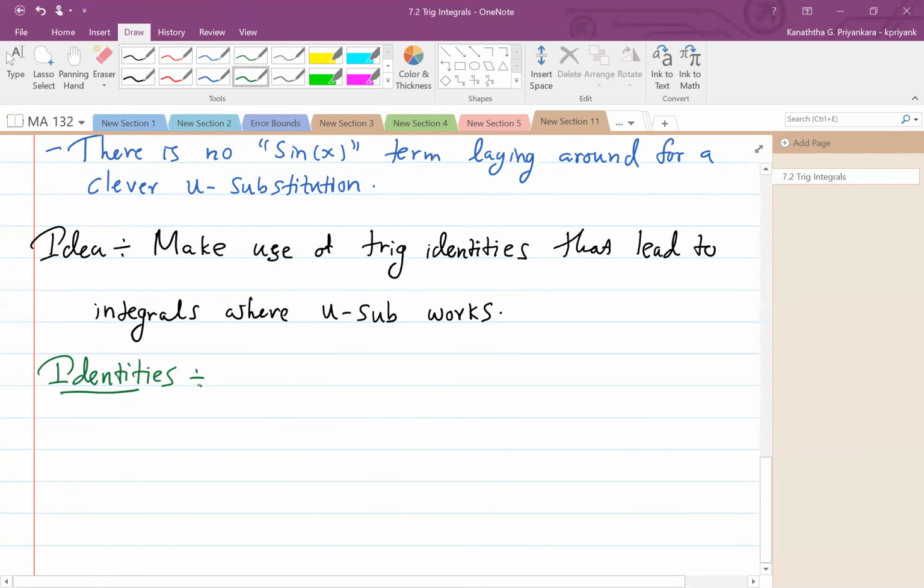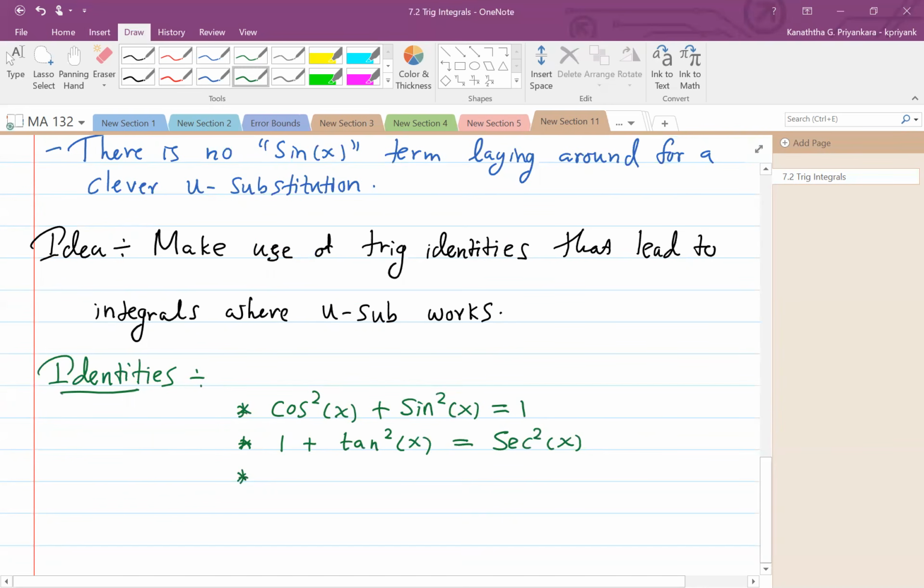First one is cosine squared x plus sine squared x equals 1. That is the first trig identity. The next one is 1 plus tan squared x equals secant squared x.